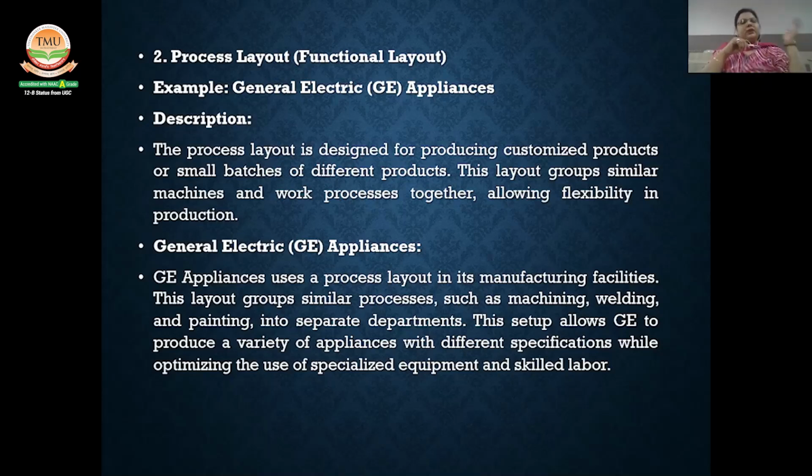Next is General Electric appliances. The GE company uses this kind of layout. General Electric appliances use a process layout in its manufacturing facilities. This layout groups similar processes, such as machining, welding, and painting, into separate departments.